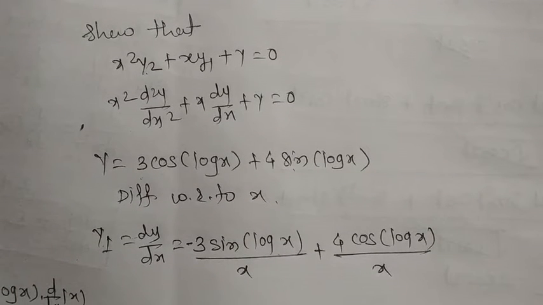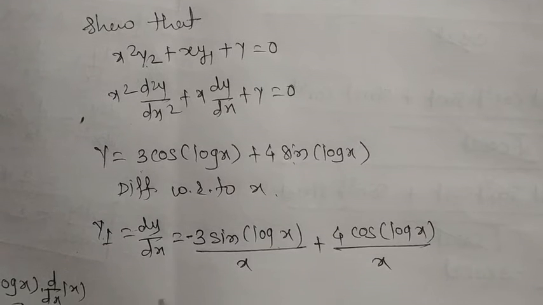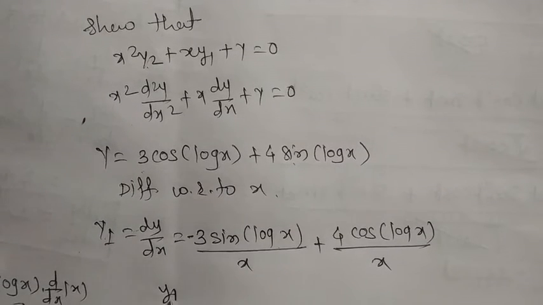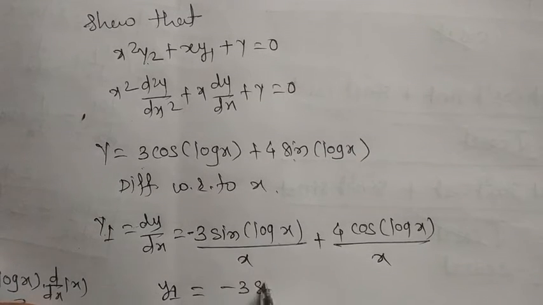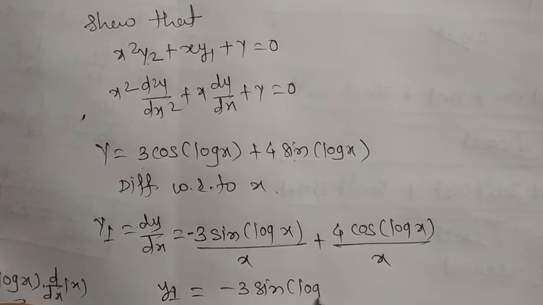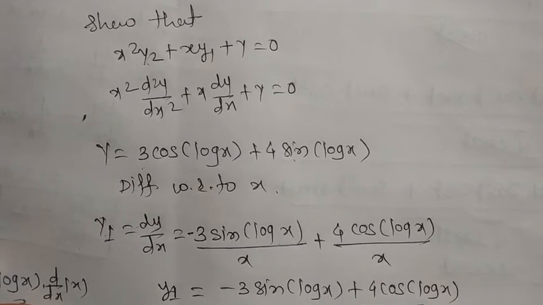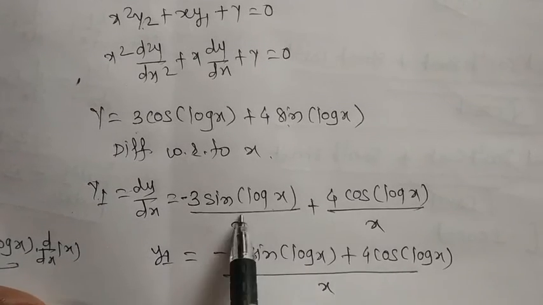So this is your first derivative, dy by dx equals minus 3 sin log of x upon x plus 4 cos log of x upon x. Now y1 equals, we will solve, minus 3 sin log of x plus 4 cos of log of x upon x, because the denominator is the same.